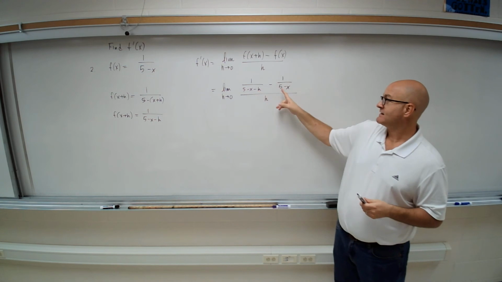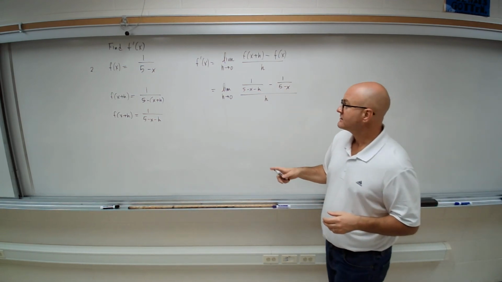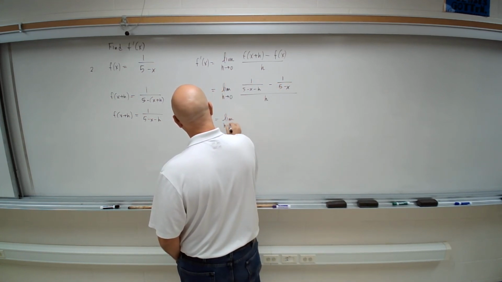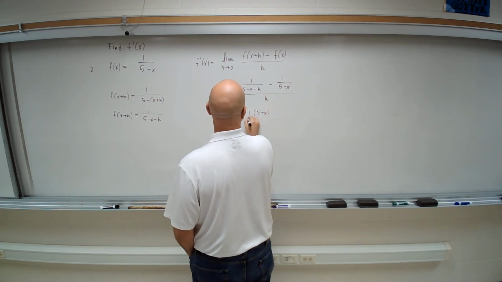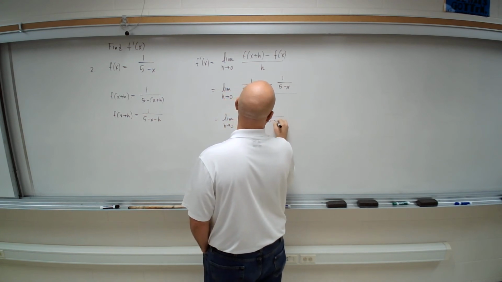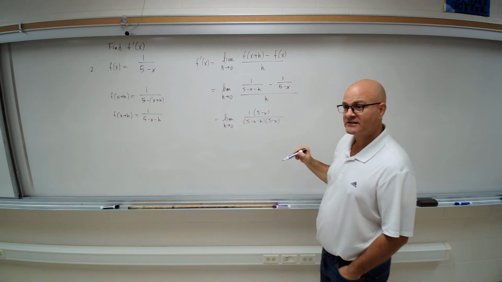Here we get this mess and this mess. You multiply them together, you get a common denominator. So what that looks like is we have 1 times 5 minus x over 5 minus x minus h times 5 minus x. So I just took this one, multiplied by 5 minus x on top and bottom.